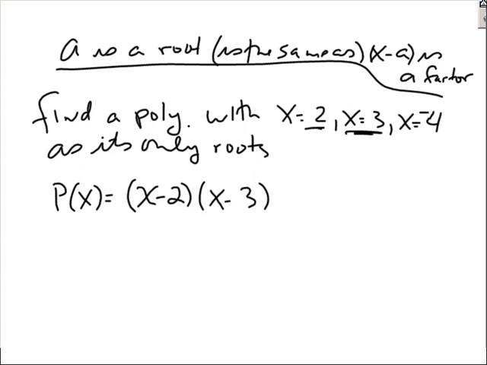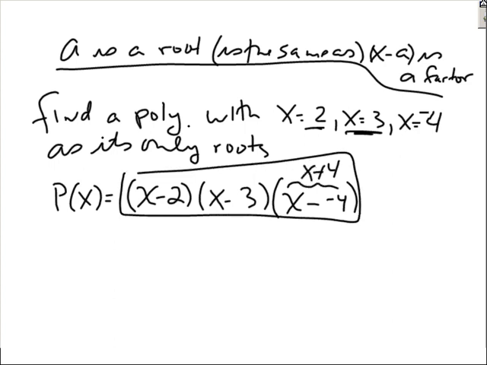If x equals negative 4 is a root, then x minus negative 4 must be a factor. This, of course, is x plus 4. And there's your answer. Here is a polynomial that has 2, 3, and negative 4 as its roots.